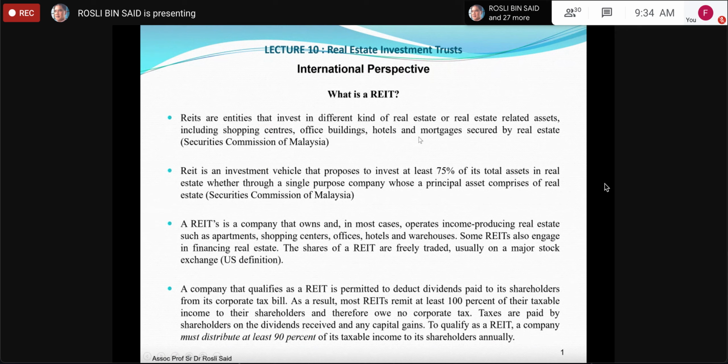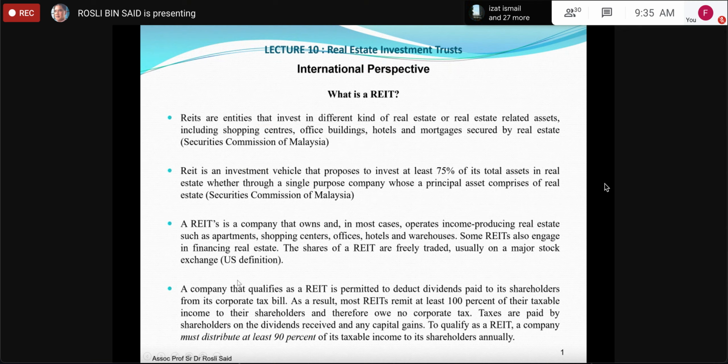This definition is given by the Securities Commission of Malaysia. So basically, it involves income-producing properties such as shopping centers, office buildings, hotels, and mortgages secured by real estate. So that means private debt securities as well.